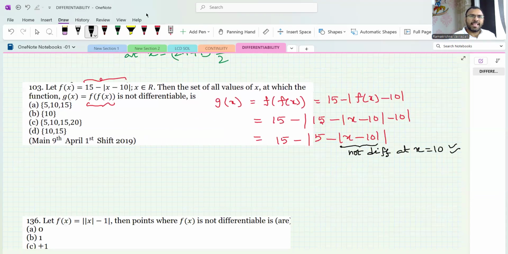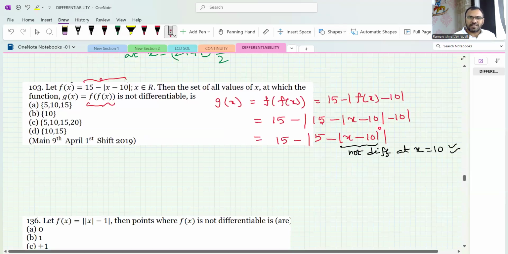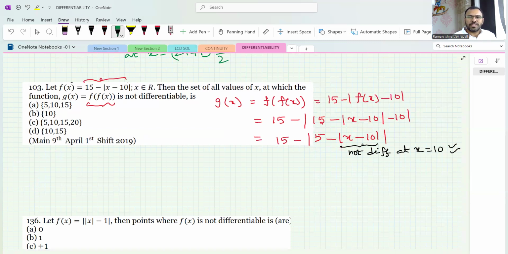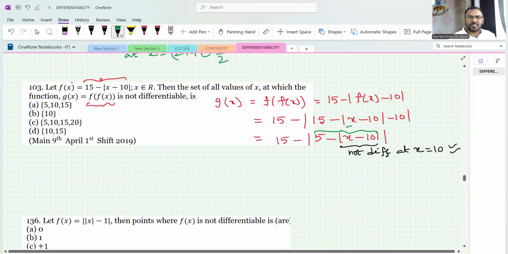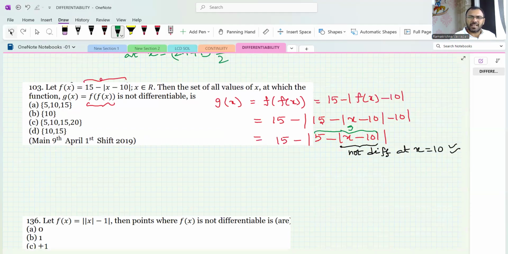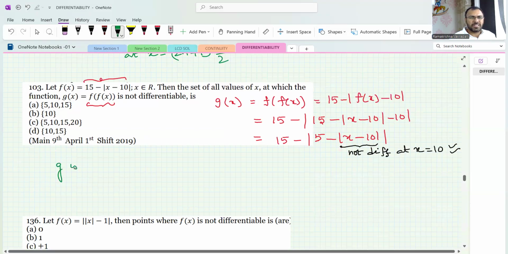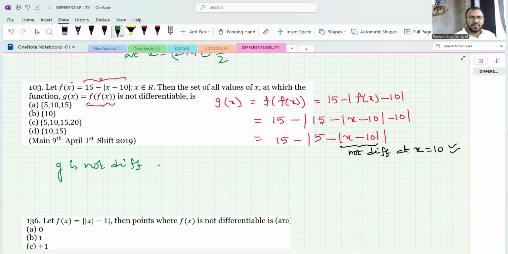Now, you can take some other letter, say h of x. g is not differentiable when the expression inside the modulus is 0, that is, when 5 minus modulus of x minus 10 equal to 0.